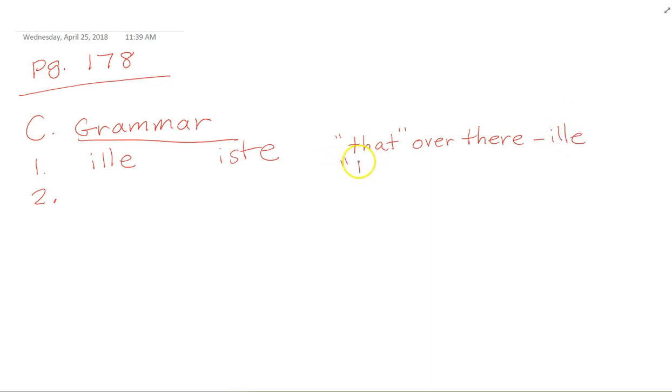And iste means that near you. So how can we remember it? Ille and iste. Near you and far away. You're just going to have to practice that. Maybe you can come up with a silly way of memorizing, but they both mean that. One means that near you, one means that further away.